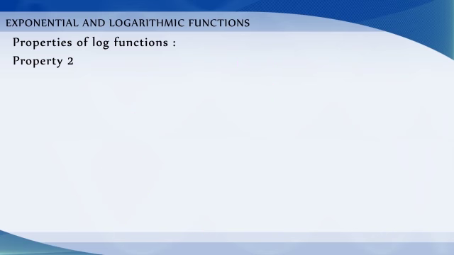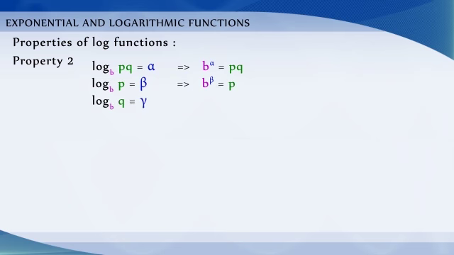Property 2. Let log pq to the base b is equal to alpha. Then, converting this into exponential form, we get b to the power alpha is equal to pq. Similarly, log p to the base b is equal to beta implies b to the power beta is equal to p, and log q to the base b is equal to gamma implies b to the power gamma is equal to q.